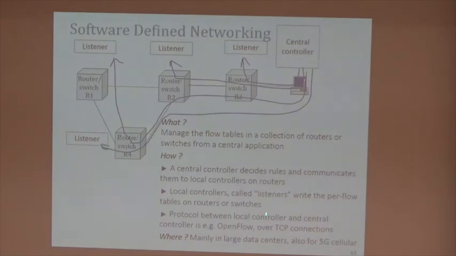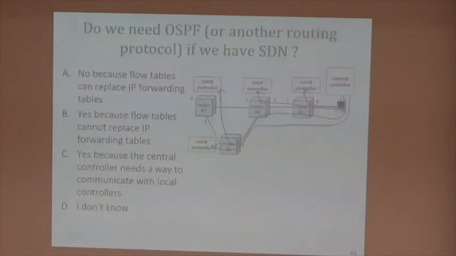So in the lab, for those of you who will do the research exercise part of the lab, we'll ask you to look at a specific central controller and see how you can achieve certain goals with it. If we have SDN, we're able to control everything in our network of switches or routers.